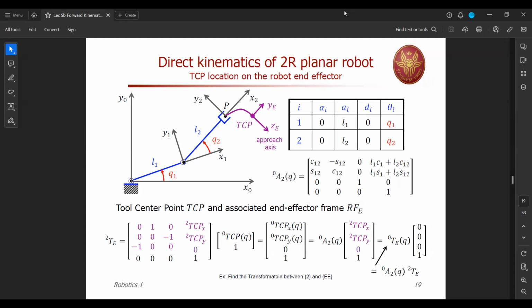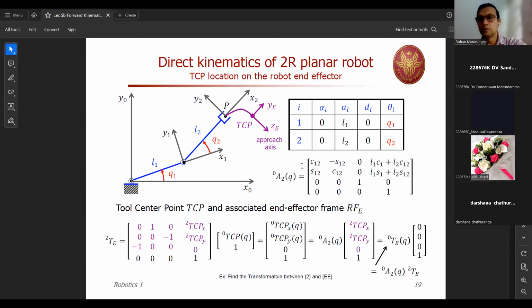Now here you can see a two-link manipulator, right? And P is the end point of the manipulator, end of the second link. And there is another frame, which is the E frame, end effector frame.